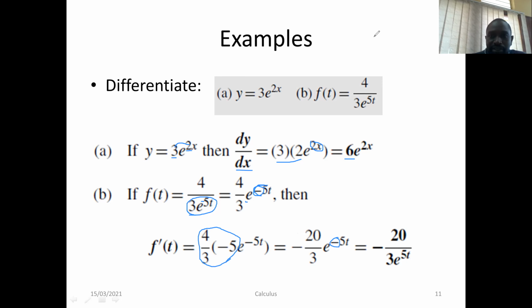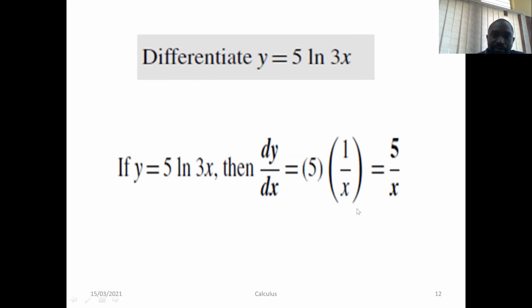So let's move on to look at another example now involving the natural logarithm function. You notice that given a natural logarithm function y equals 5 ln 3x, this can be written in terms of y equals 5 ln x, which is what we have here.